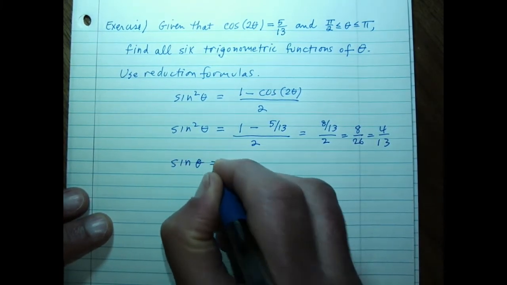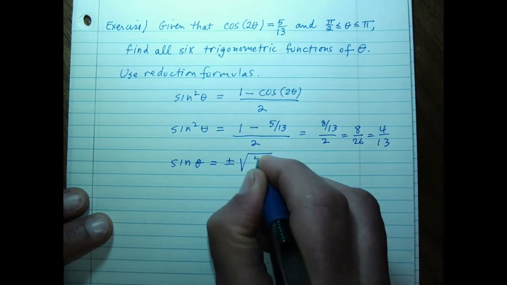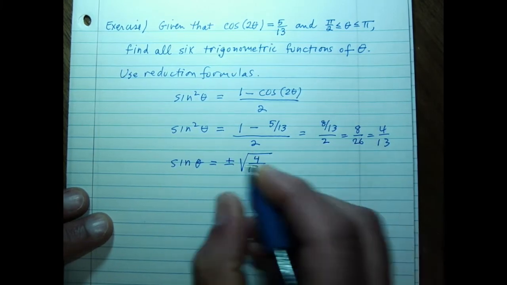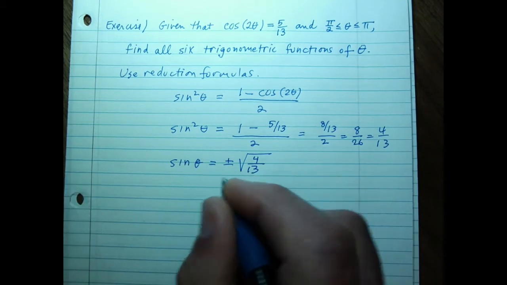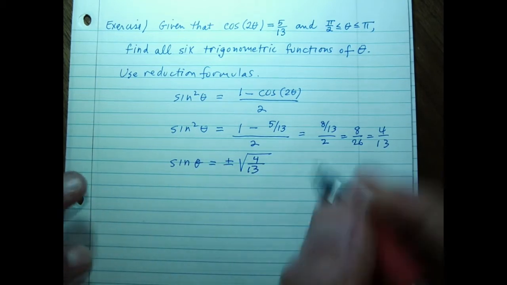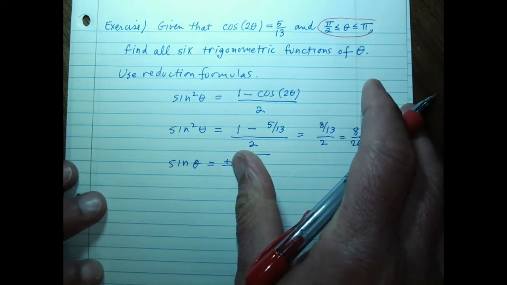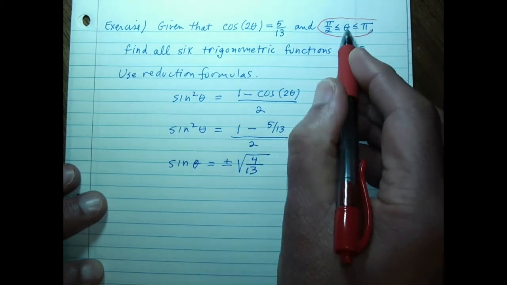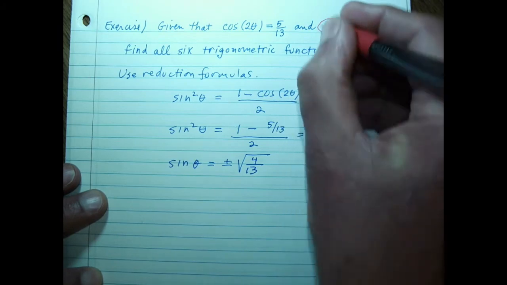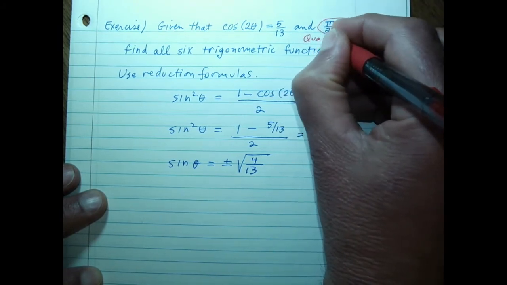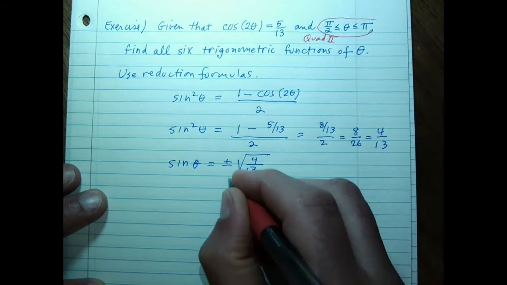So sine theta is plus or minus the square root of that. And we have quadrant information here again, given right up here at the beginning of the problem. That inequality about theta being between pi over 2 and pi is telling us we're in quadrant 2.